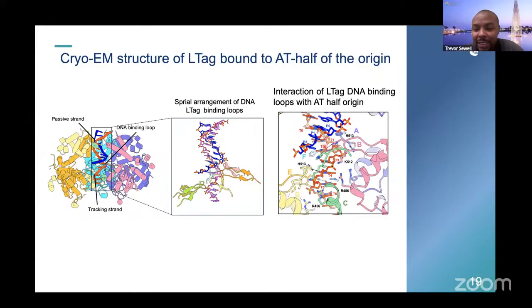This competition is what effectively pushes the other strand away. So it's the association of the monomers of the hexamer that does the initial breaking. Yes, exactly. And then the prevention of the reannealing is due to hydrogen bonding with the histidines. Yes, exactly. Okay, that's very interesting.